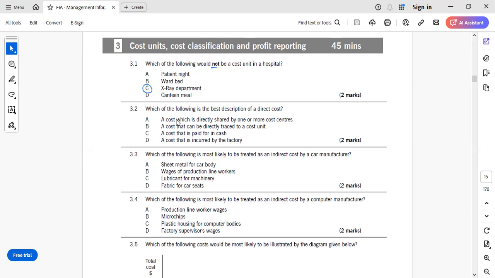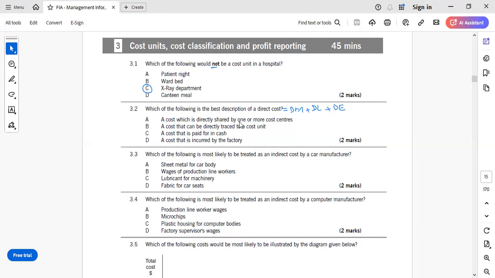Now the next question. Which of the following is the best description of the direct cost? Direct cost includes direct material, direct labor, and direct expenses. All these three elements are directly identifiable with the cost unit.